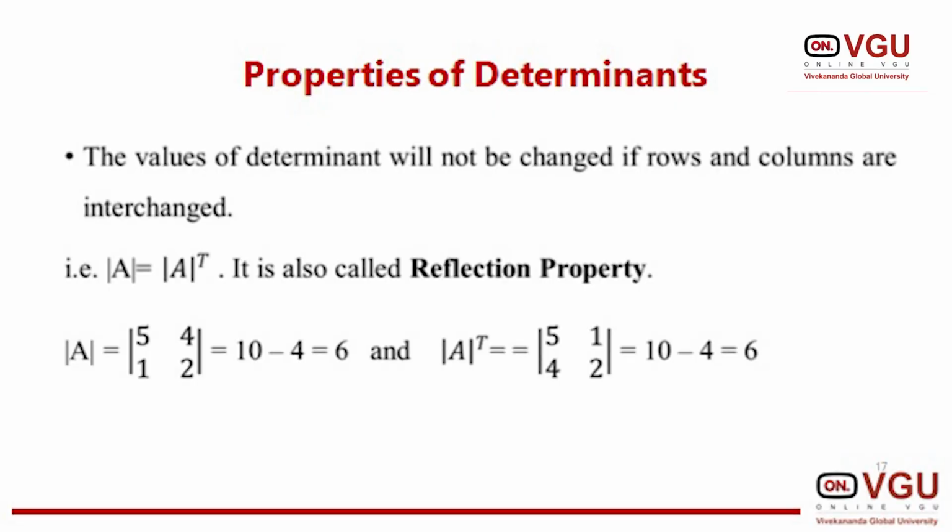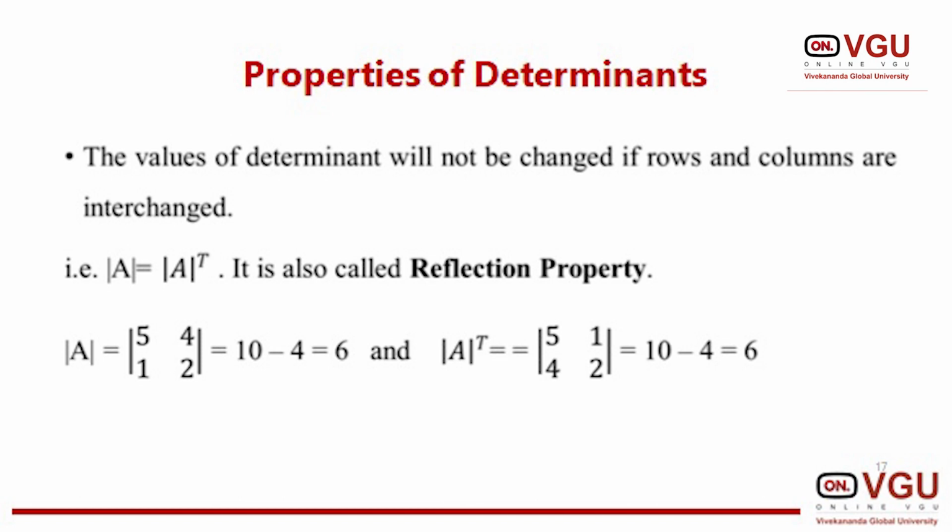So there are a few more properties about the determinant. The value of the determinant will not be changed. It's very interesting. It means if we interchange two rows or two columns, for example the first row with the second and the second with the first, there is a notation: we change Rij to Rji.